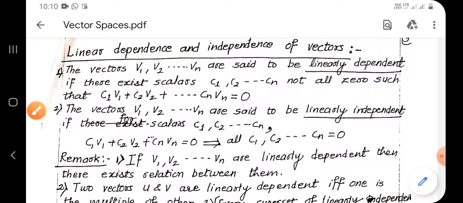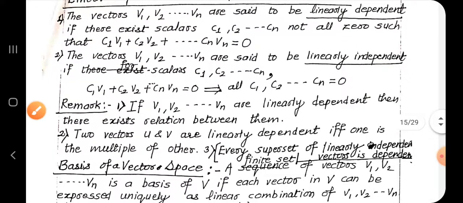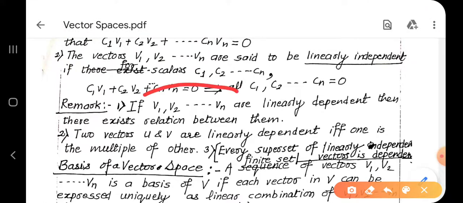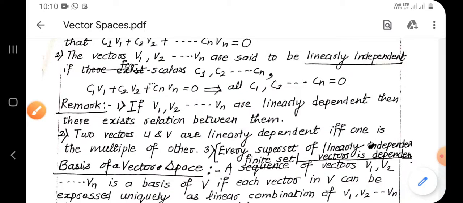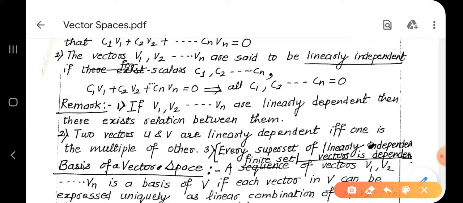Understood? Okay. If vectors v1, v2, vn are linearly dependent, then there exists a relation between them. Then we find the relation between v1, v2, vn. So a relation always exists if linearly dependent. If independent, then there is no relation.